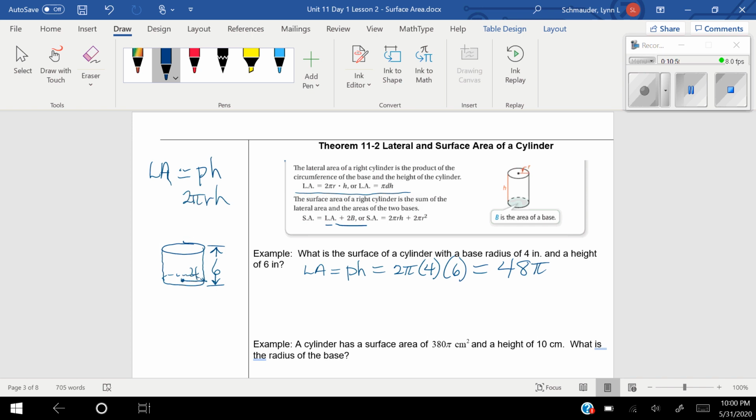All right, and the area of the base is pi r squared. So let's see, r squared would be 16, so that would be 16 pi. So 2b would be 32 pi.